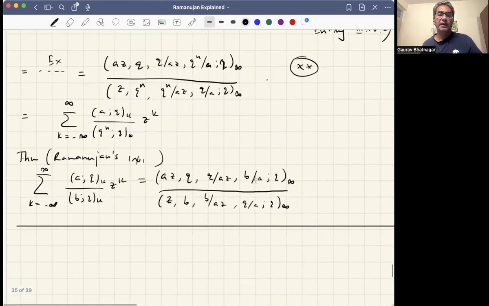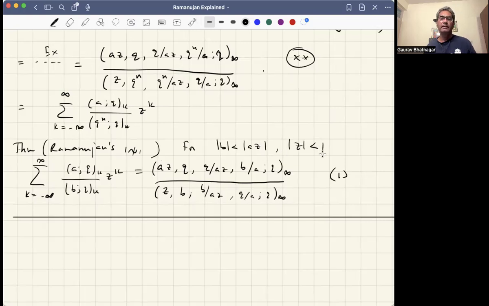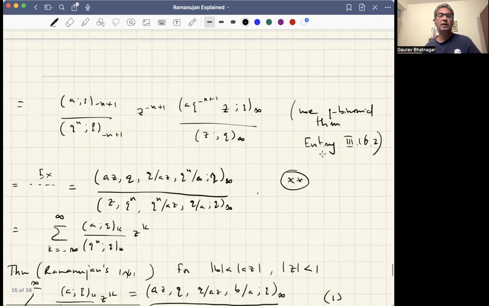Right, so if b is equal to q, you can see that it drops down to the q-binomial theorem. Let me call this equation 1, and this is valid for |b/a| less than |z| and |z| less than 1.